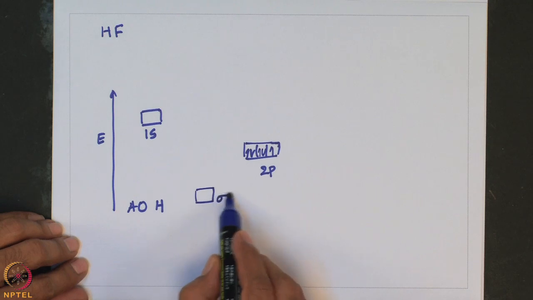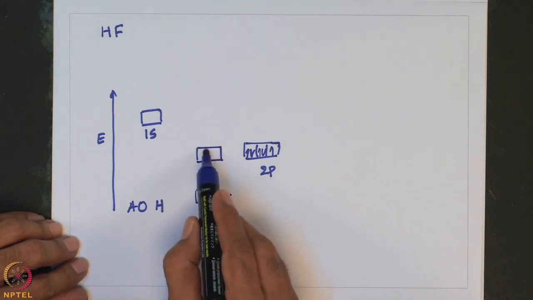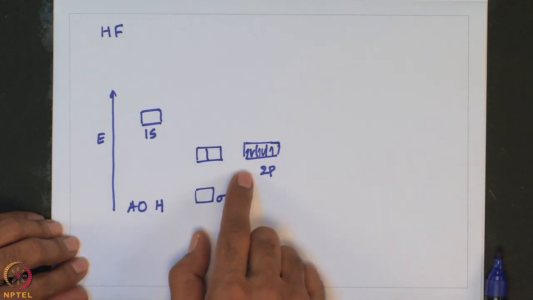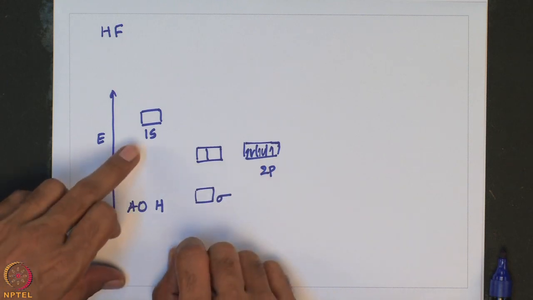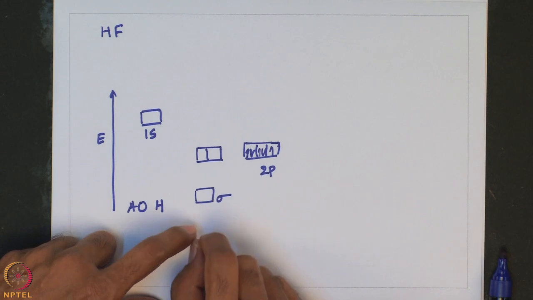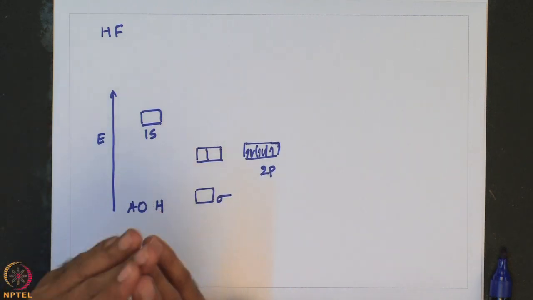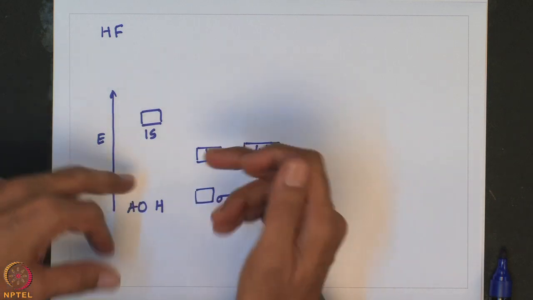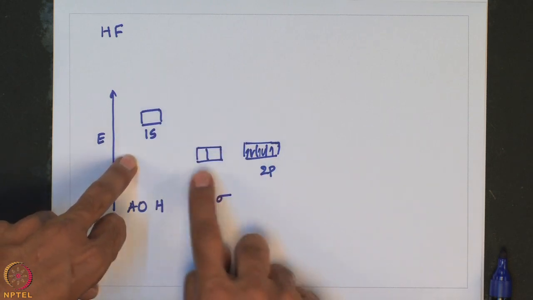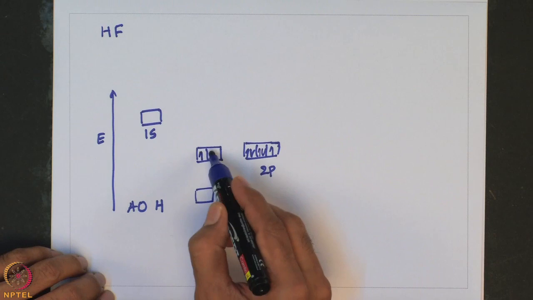This is sigma, and then here this is essentially non-bonding, because let us say 2pz interacts with 1s atomic orbital to form a sigma bond, and for the remaining 2px and 2py we do not have corresponding atomic orbitals from hydrogen. As a result, they do not combine with any of the atomic orbitals of hydrogen, they just remain non-bonding.